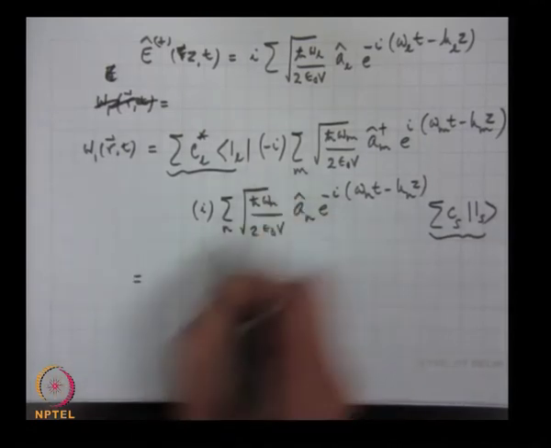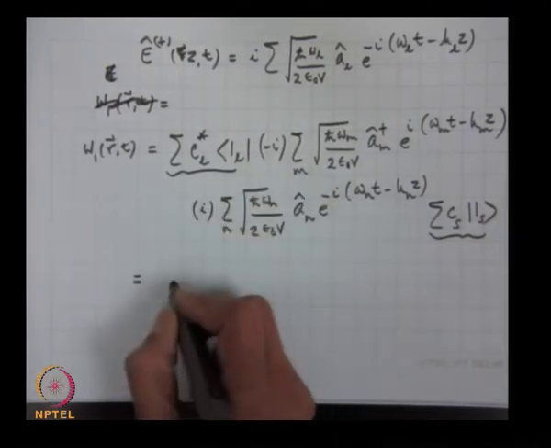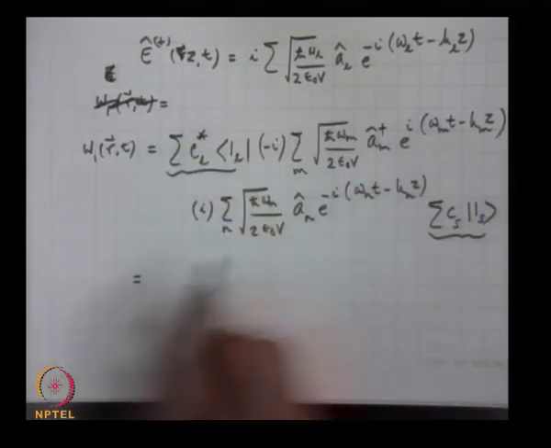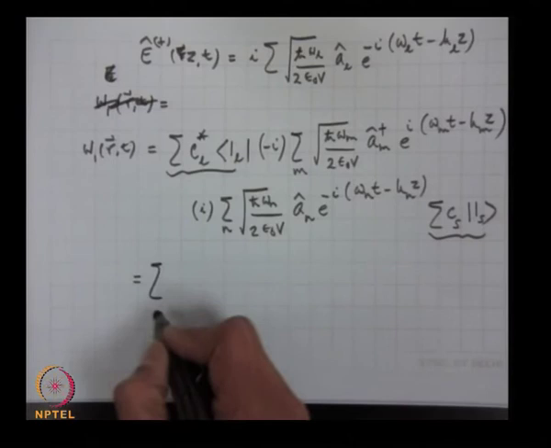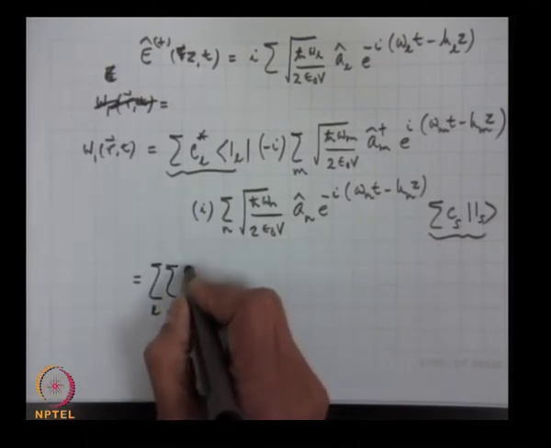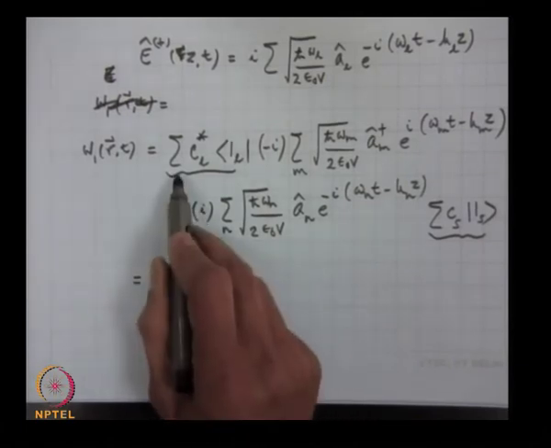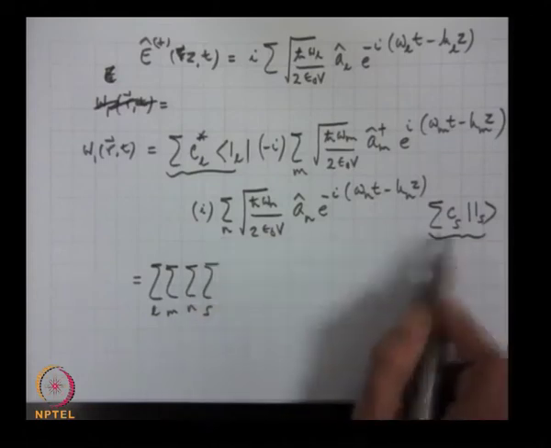So minus i into i is plus 1. Now let me operate this on the right and this on the left. In fact, let me write all the sums here: sigma_L, sigma_M, sigma_N, sigma_S. There are four sigmas.